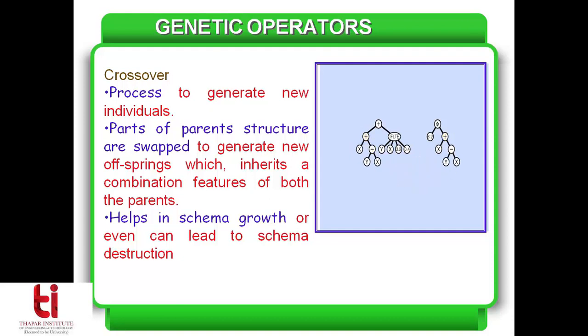Now what is the need for that? This is the process of evolution in genetic algorithms, because using this operation we are going to evolve a new set of solutions in an effort to get a better fit solution for our given problem. Though we carry out this crossover operation to help in schema growth, meaning the building up of good solutions or a population of good solutions, it may lead to destruction of the schema also.